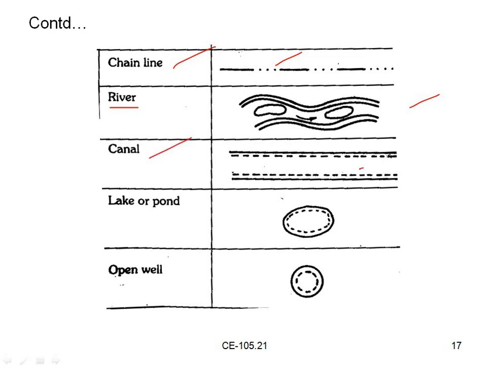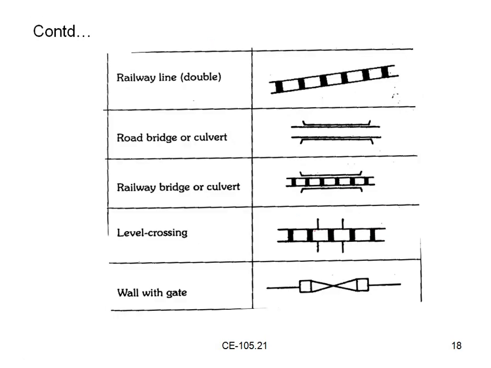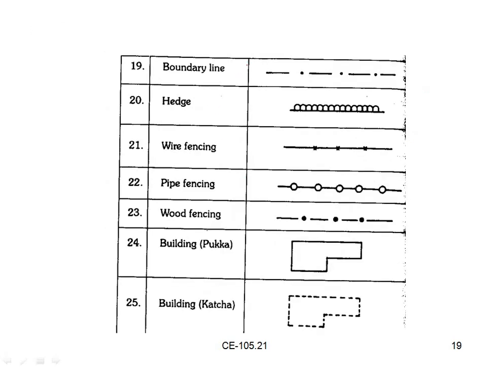And this is the canal symbol, lake or pond, open well, railway line, road, bridge or culvert, railway bridge and culvert, level crossing, wall with gate, boundary line, hedge, hedge line, wire fencing, pipe fencing, wood fencing.